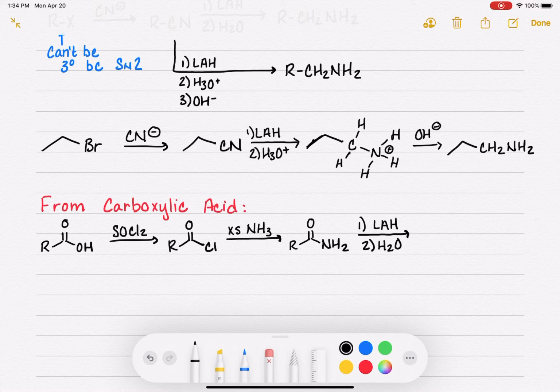It doesn't really matter. This time when we're doing a reduction with LAH, we're reducing the carbon-oxygen double bond. So we're still reducing, but we're reducing at a different site.